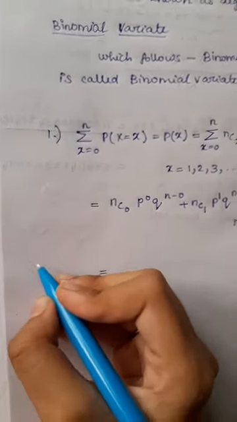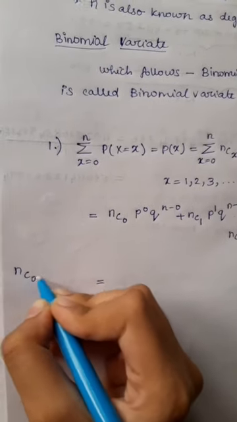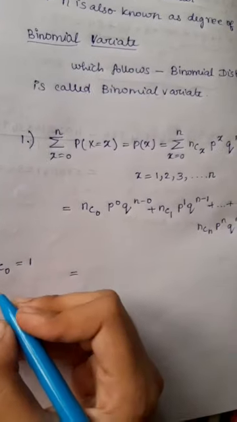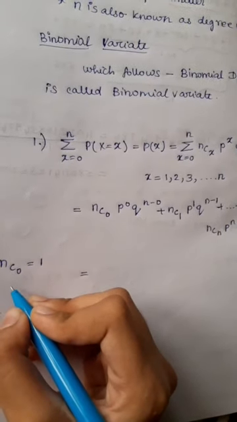Now here nC0 is equal to 1 and nCn is also equal to 1.